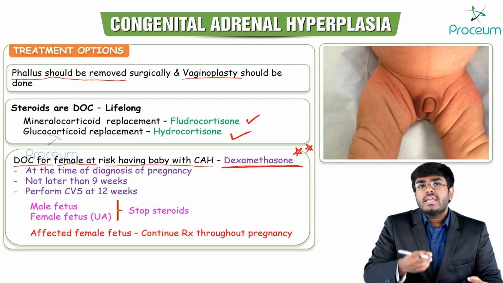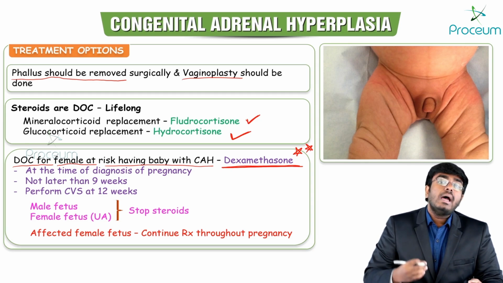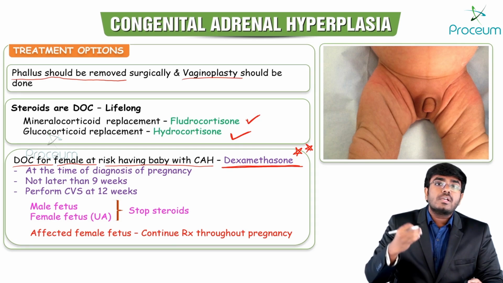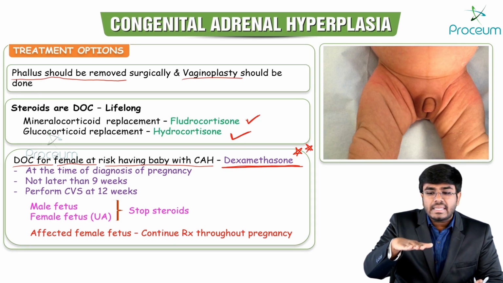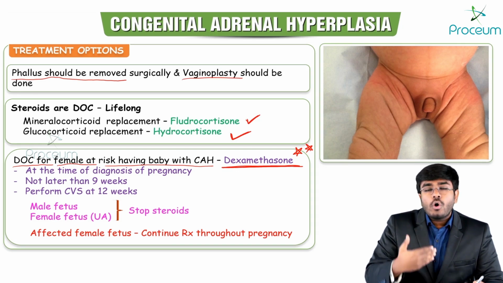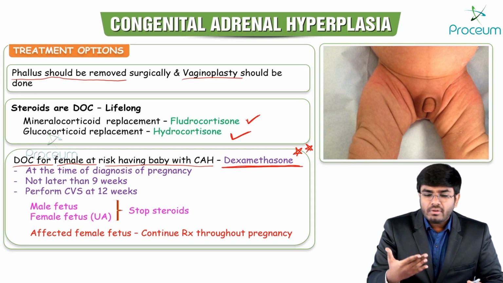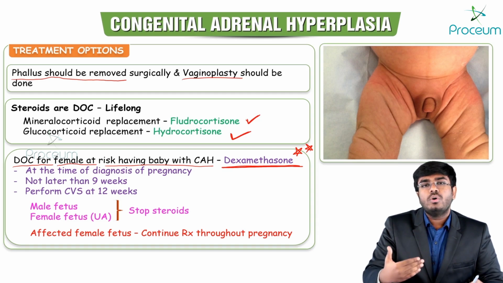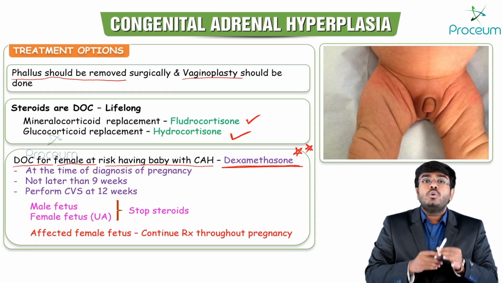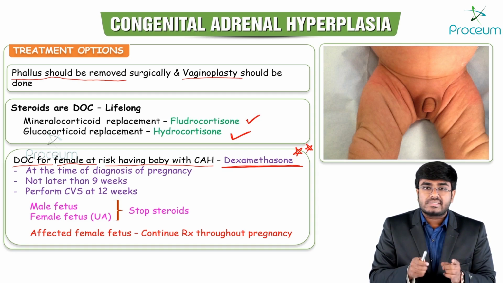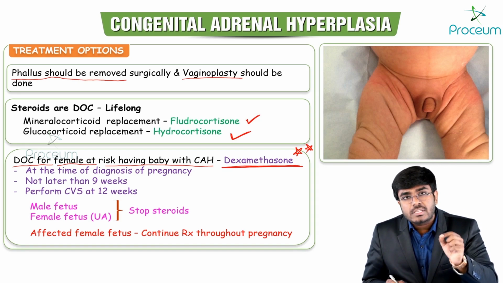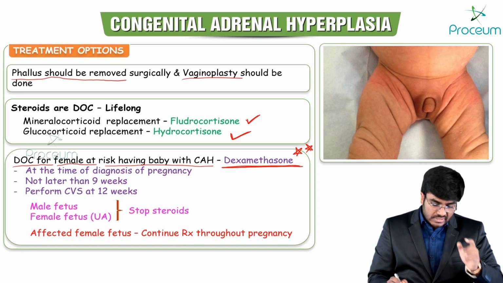This dexamethasone is going to cross the placental barrier and enter the fetal circulation, and this dexamethasone will suppress the ACTH production. Whenever there is no ACTH, there is no androgen production. Whenever there is no androgen production, there is no risk of virilization. So to prevent virilization risk in the upcoming child, we are going to give dexamethasone to the mother. So this is the treatment.